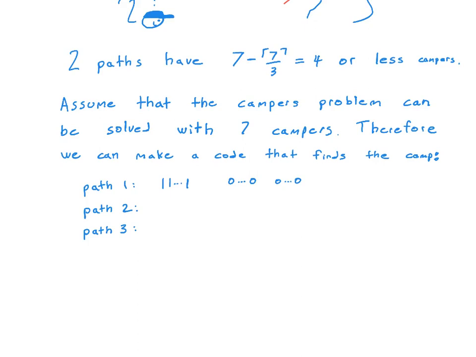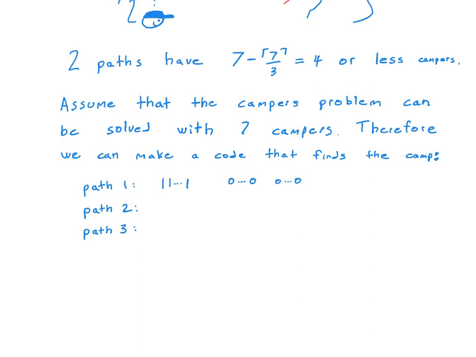Once again, these are all the campers that went down path 1. They would come back saying yes. These are the campers that went down path 2. They would say no. And the final group that went down path 3 would also say no. And we're writing ... because we don't know how exactly we're going to distribute them. We're thinking about all possible distributions.